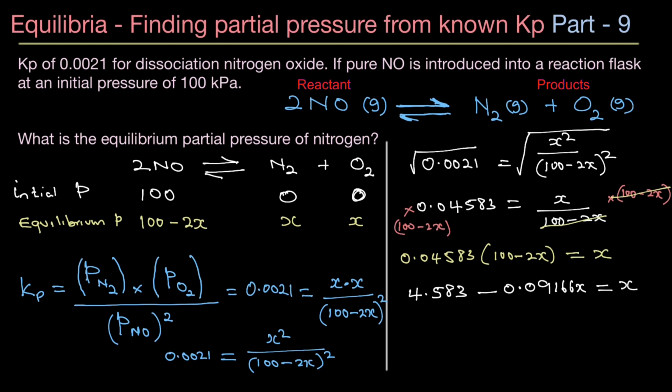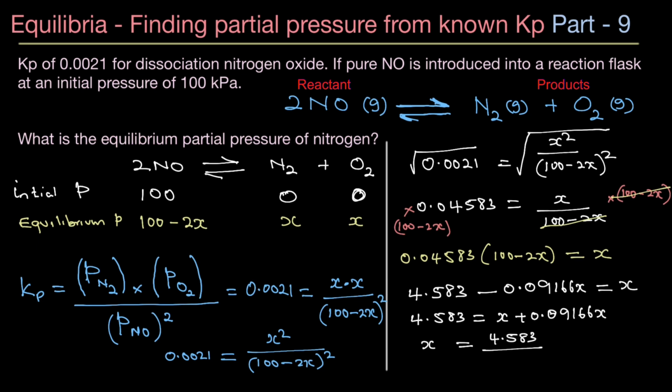And then I can rearrange and make x the subject. So I get 4.583 equals x plus 0.09166x.